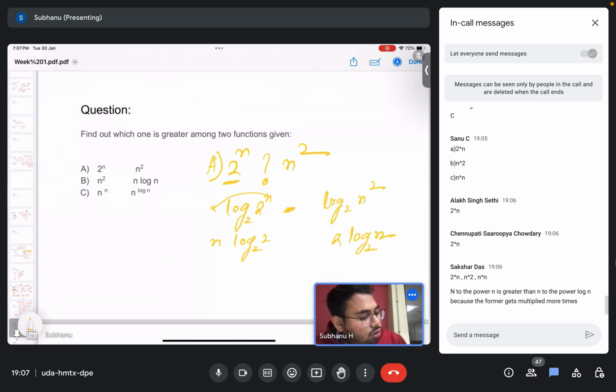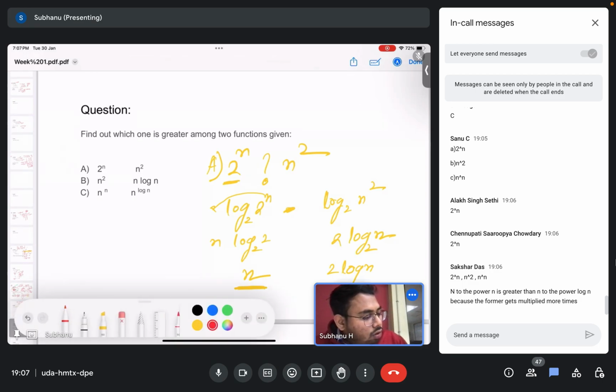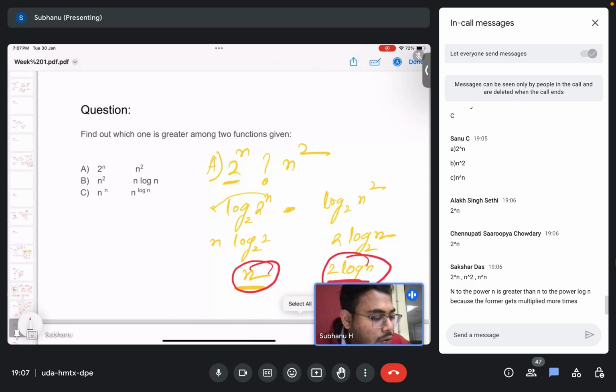So log 2 base 2 will become 1. So this is basically n and this is log n. Between n and log n, if you put a very big value of n, n will always be greater. So in this case 2 to the power n will be greater than n square.